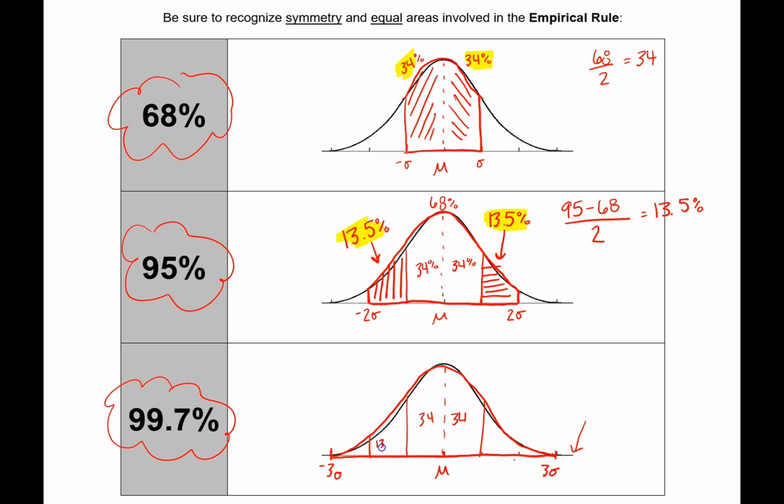We know that these are each 13.5%. And if we're trying to find this area here and this area here, we can do what we did before. We take our 99.7, subtract our 95%, that's the stuff I haven't shaded, and divide it by 2 to get these 2 bits. And when we do that, we get 2.35%.